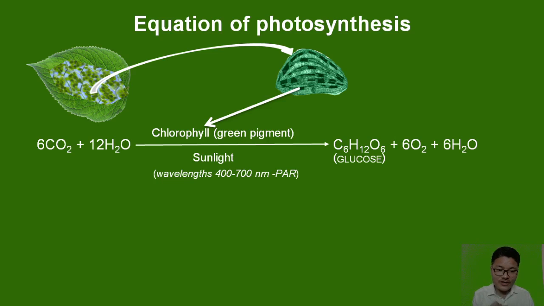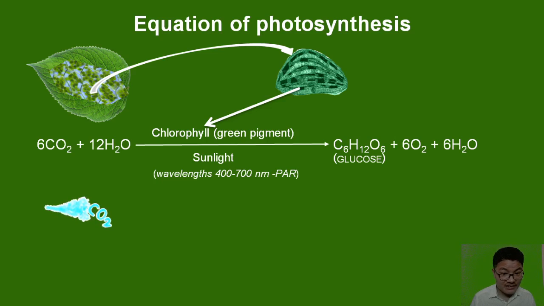And because of this there is breaking down of water molecules, and there is combination of carbon dioxide and the broken down water molecule radicals to form glucose. Now, where do the carbon dioxide and water come from?